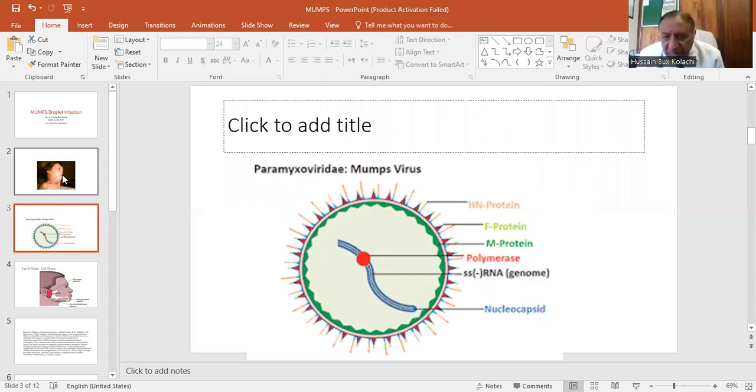It is an RNA virus, as COVID is also an RNA virus. You can see a red dot or circle which shows that it contains polymerase, and at the top there are spike-like structures which we call HN proteins.